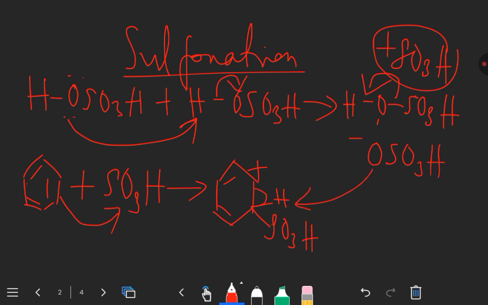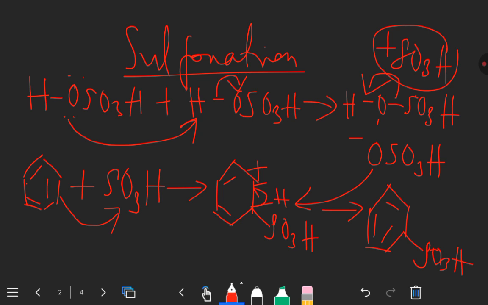Then the bond will be broken, neutralizing the positive charge, hence forming the double bond there. So we are going to have this structure now with the electrophile attached like that. Then this structure is what is known as benzene sulfonic acid.